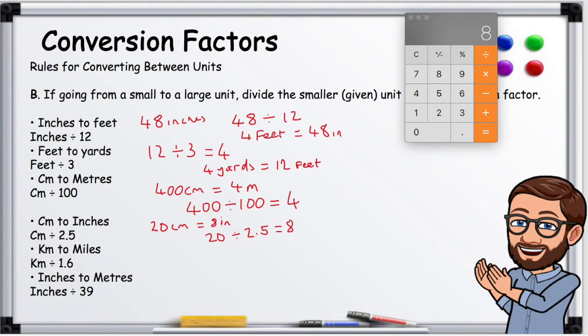So we're going to convert kilometres to miles. So we're going to get given 8 kilometres. I'm going to find out how many miles there are. And we know that the conversion factor between kilometres and miles is 1.6. So 8 kilometres, it would be 8 divided by 1.6.